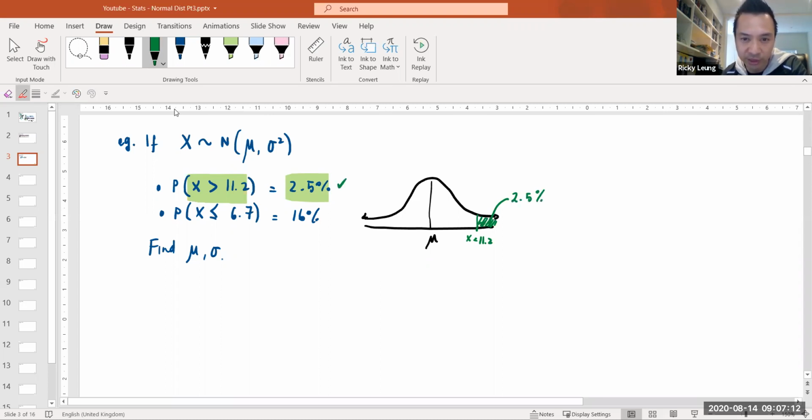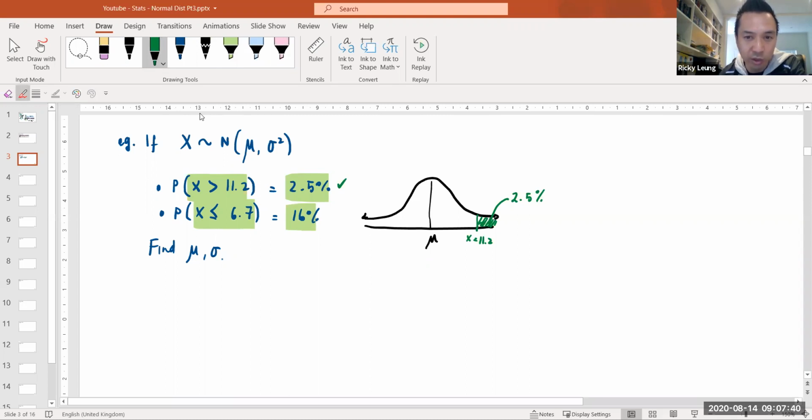That's my x value, not z, so I can't really use my table at the moment because this is talking about normal, not z, which is standard normal. And then the second fact here: when x is less than 6.7, it's 16%.